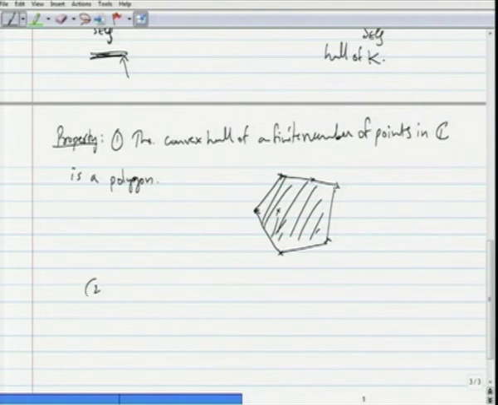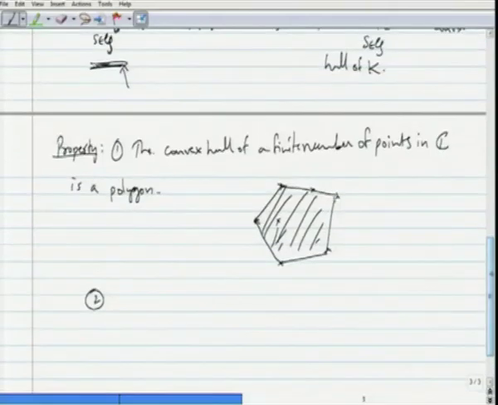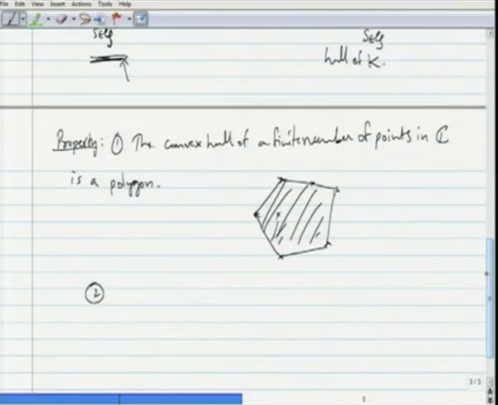One can actually try to prove this property by taking coordinates, etc. This is easy to do. You just have to use the definition of a convex set and of a convex hull to prove this.